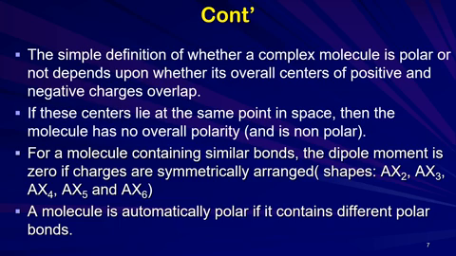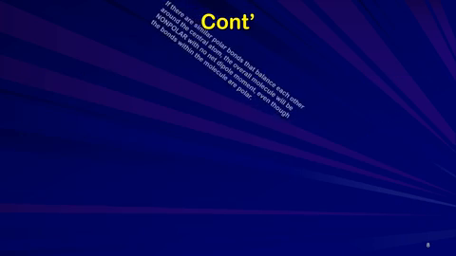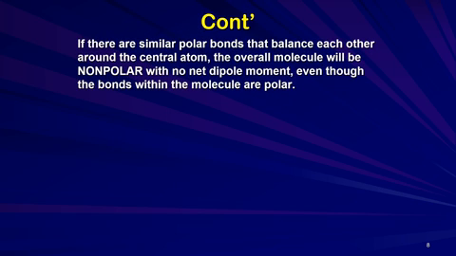If the bonds are different and they are polar, then the molecule will be automatically polar. If there are similar polar bonds that balance each other around the central atom, the overall molecule will be nonpolar because the dipole moments will cancel out.